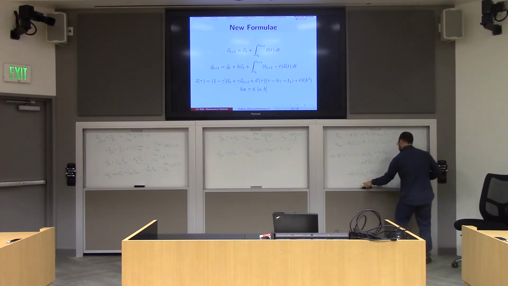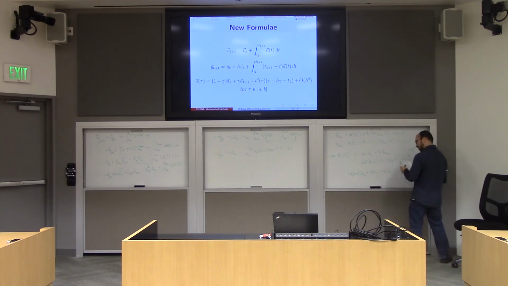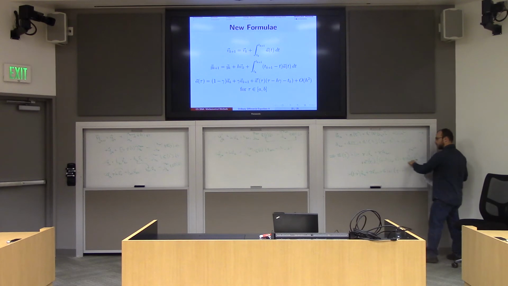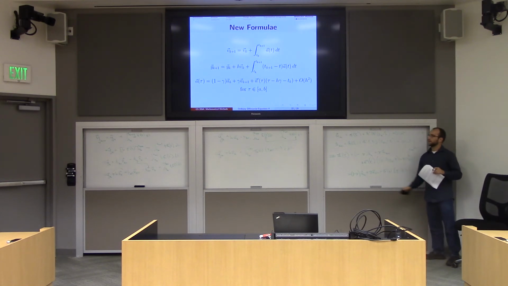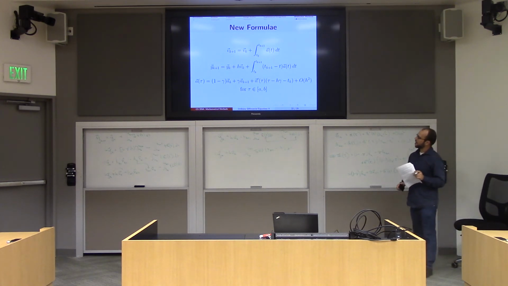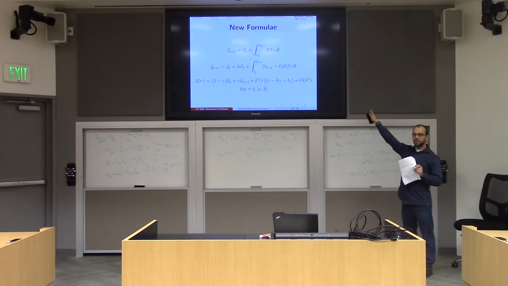Then this funny a prime of tau, where tau is just sitting somewhere between a and b. In the end you get this nice formula, (tau minus (t_k plus h gamma)), which this whole term simplifies to, plus order h squared. And hopefully, yes, that is exactly the formula I have on the board.